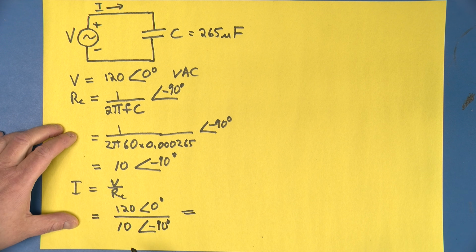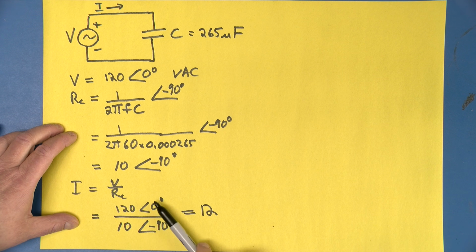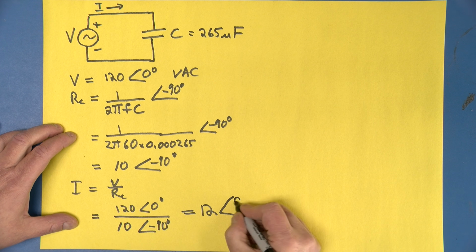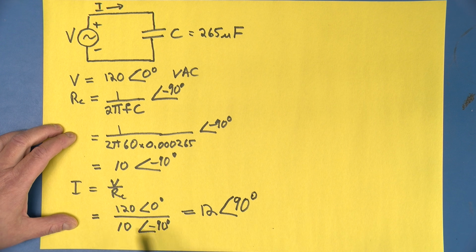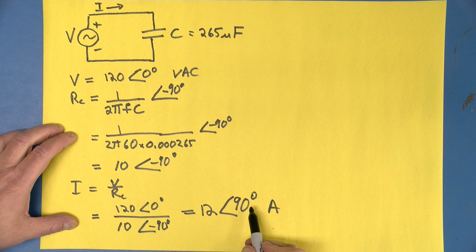And the rule again is for division, we divide the magnitude of the phasor, so we end up with 12, and we subtract the angle, so 0 minus 90 produces an angle of 90 degrees, so the current is 12 amps AC at an angle of 90 degrees.